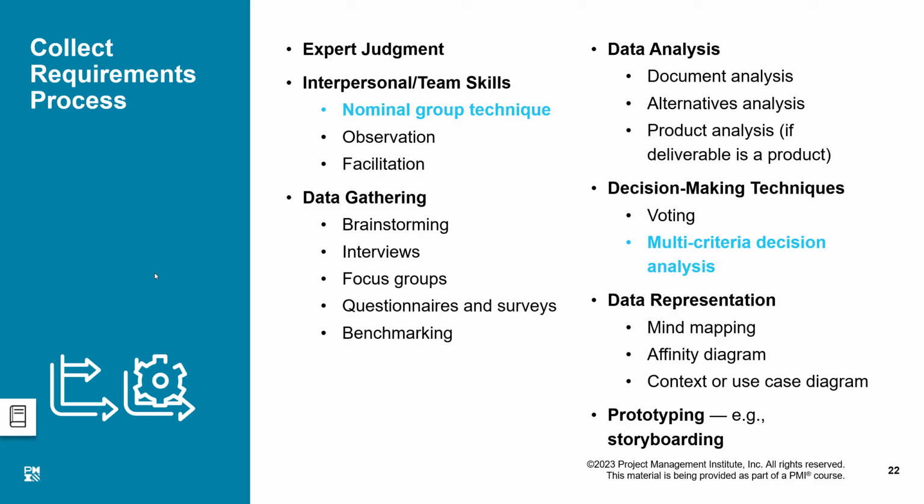Okay, so we have covered a little bit about requirements in the last class. Today we are going to talk about various tools and techniques we use during this process. As you understand, collection of requirements is something which happens only in predictive and hybrid projects, because in an agile project, requirements are rather continuous.